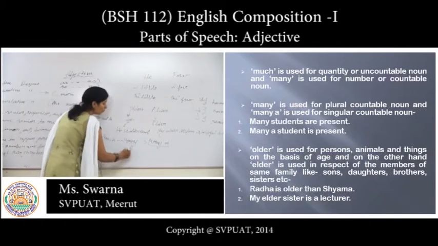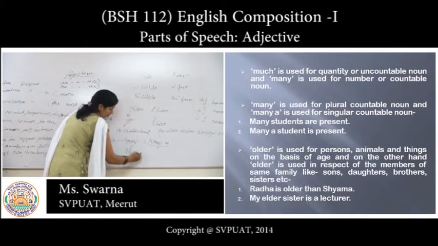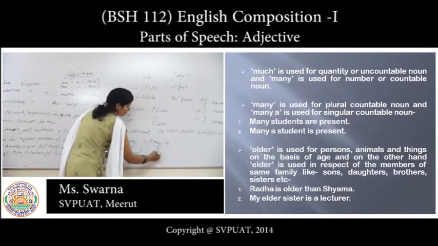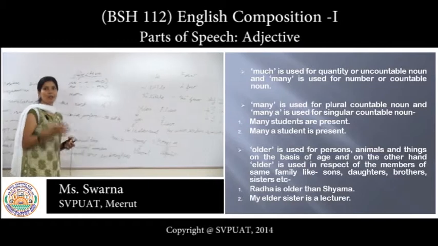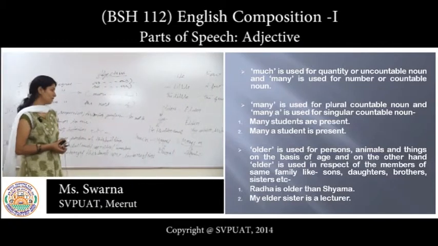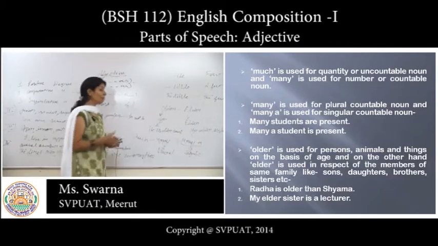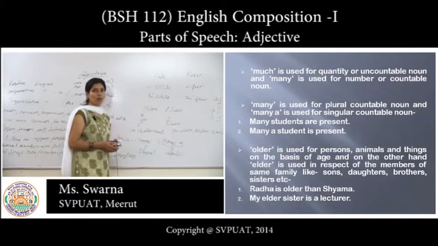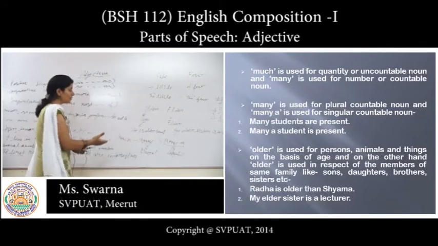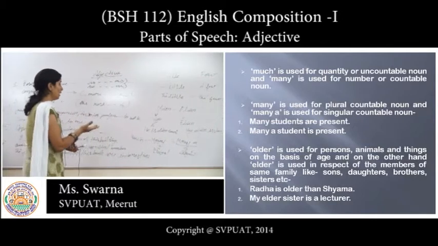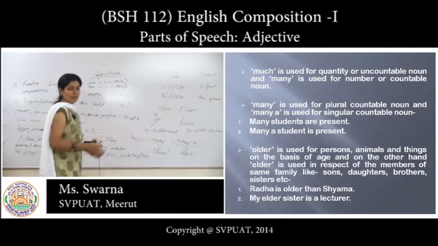Many means plural and many a means singular. Like the sentence "Many books are interesting." And if we use "many a book," then we use a singular verb: "Many a book is interesting." This is the main difference.